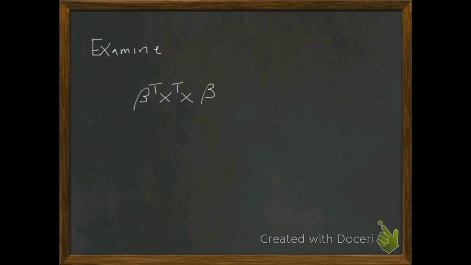So beta transpose is a 1 by 2. X transpose X here is going to be a 2 by 2, and beta, of course, is going to be a 2 by 1. So you can see what I'm going to end up with is just a 1 by 1 in the very end. So let's see how this all works out.